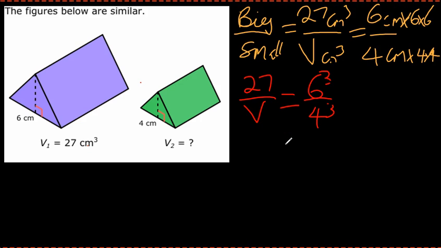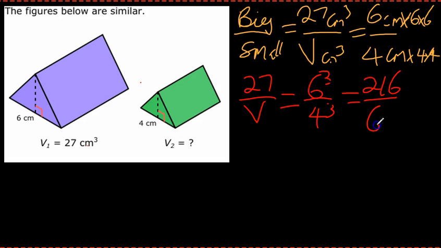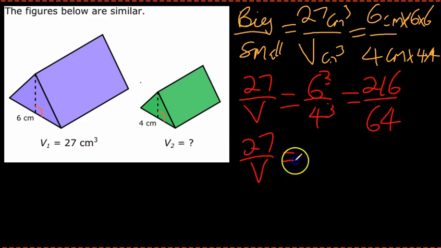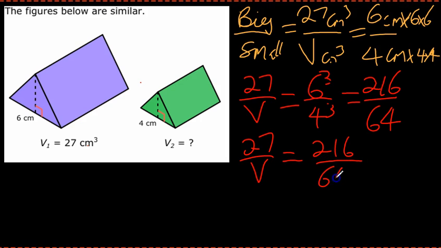So 6 cubed is 216 over 64. So we have 27 over V equals 216 over 64. Now we can cross multiply.